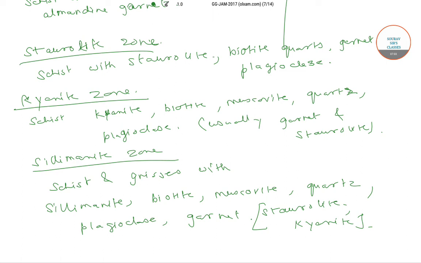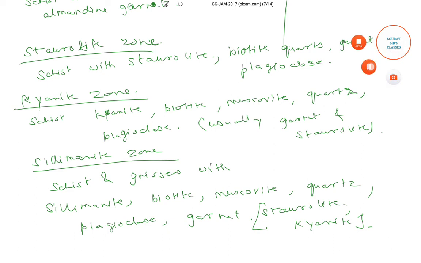So this is sillimanite zone, in which schists and gneisses with sillimanite, biotite, muscovite, quartz, plagioclase, garnet, and sometimes staurolite and kyanite are present.